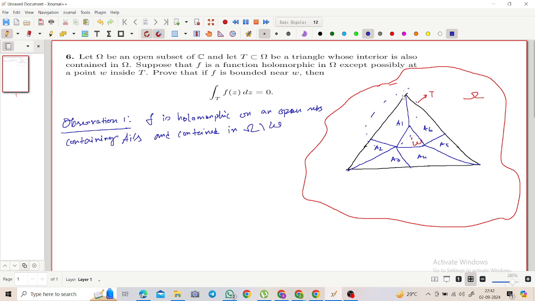Like this sort of open sets which do not intersect w and which are completely contained in omega. So F is holomorphic on every such open set, right? This way.